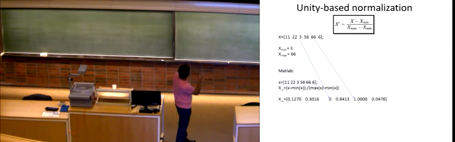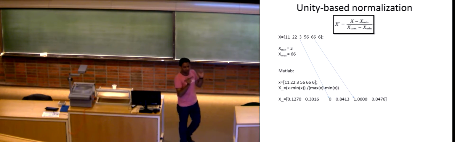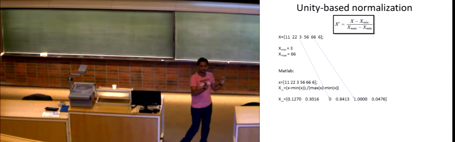Let's say I have 6 numbers here. The minimum value is 3, the maximum value is 66, right? So when I plug this information into this formula, every value is affected, right? And this is the beauty of this one. The value 3, which is the lowest, has got 0. The highest has got 1, and every other value is in between. You map your data into 0 and 1, right?